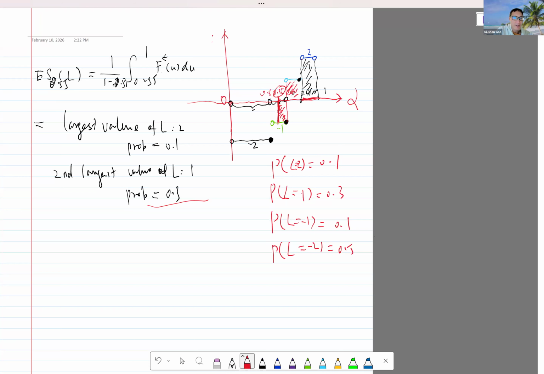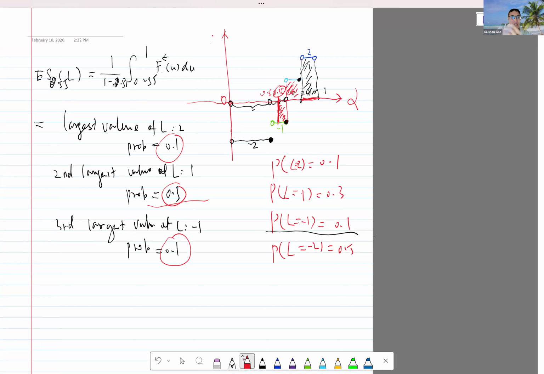The third largest value of L is what? It is -1. What is the probability? 0.1, right? If you take the three pieces now, what is the total probability? 0.1 plus 0.3 is 0.4, right? Plus this, you will have 0.5.